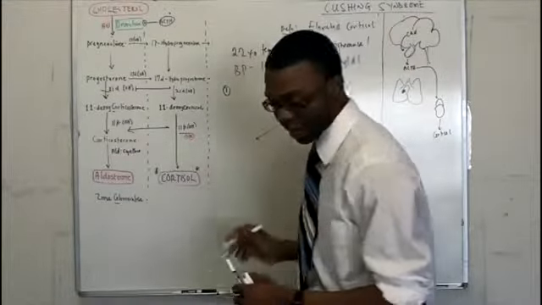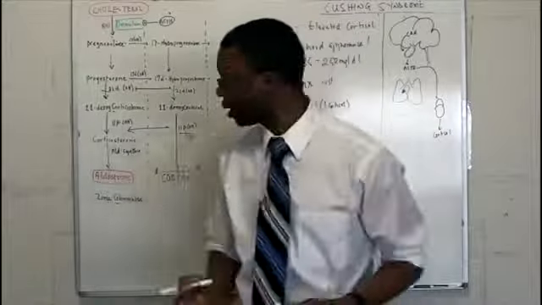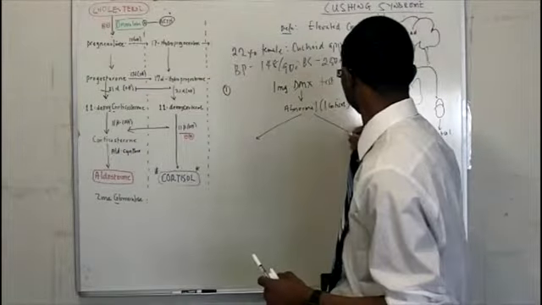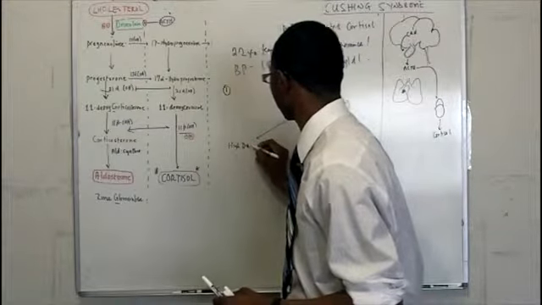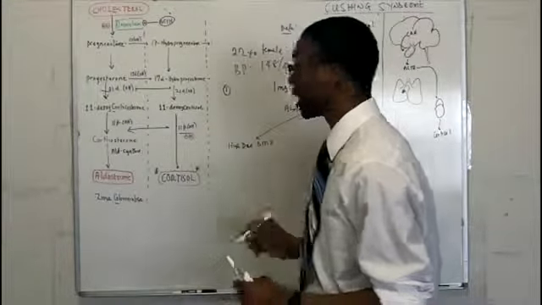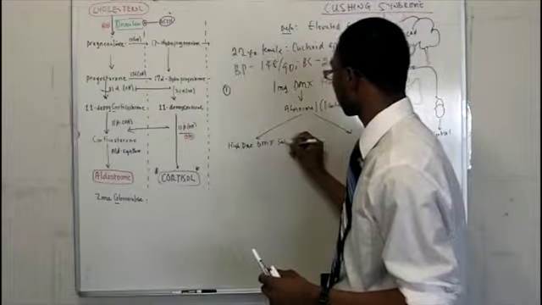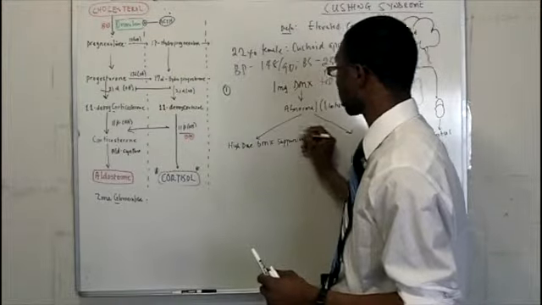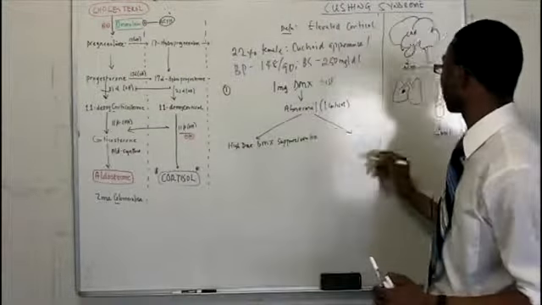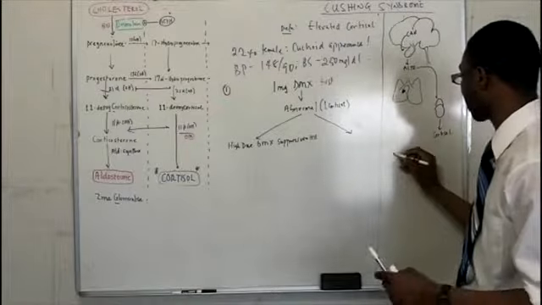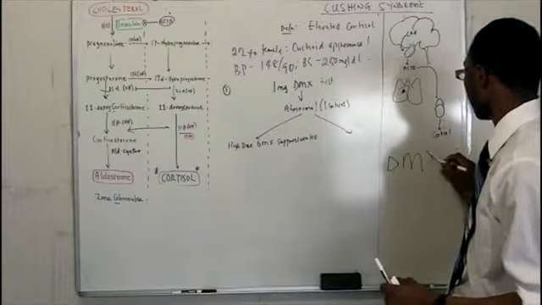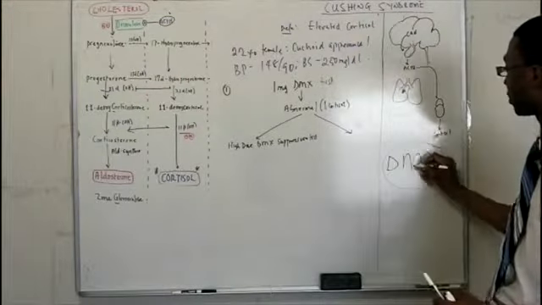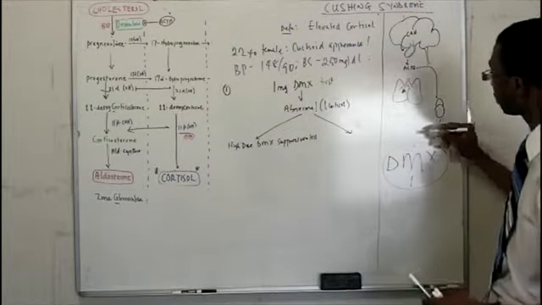So what you want to do next is do a high dose dexamethasone suppression test. The reason why they call it dexamethasone suppression test is because if I give you now a high dose, let's bring in a high dose DMX. That's a big dose, okay? That's the pill right there. If I give it to you, what should it do?